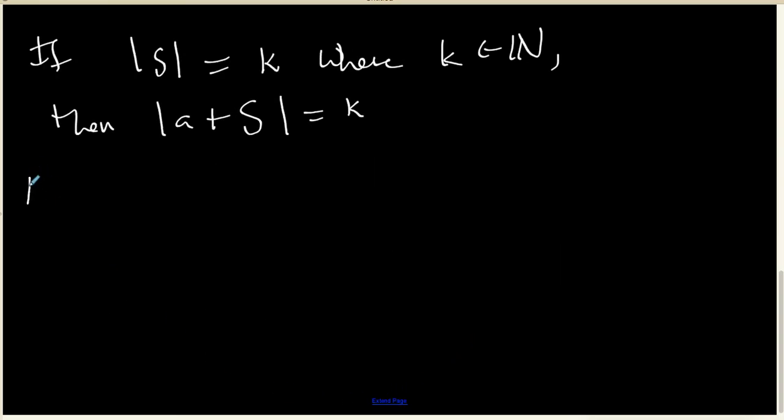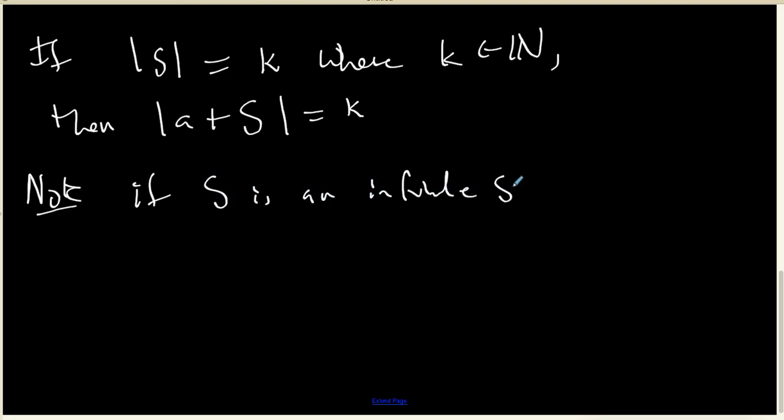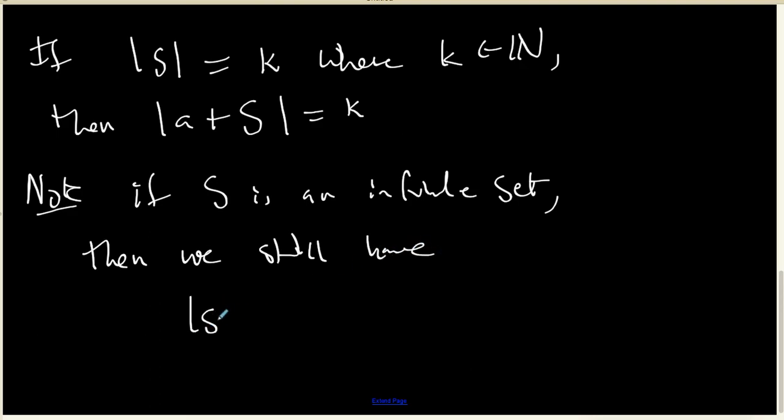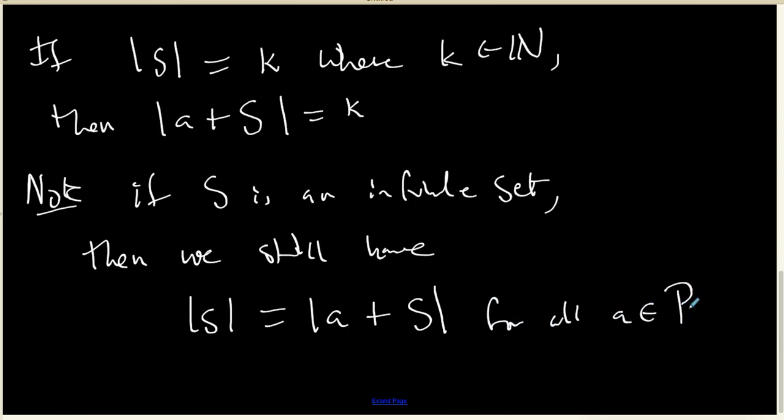So if S is an infinite set, then we still have that the subring's cardinality will be equal to the cardinality of every left coset for all particular elements inside my ring.